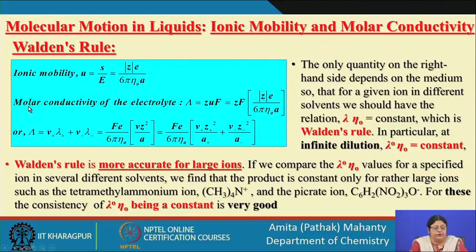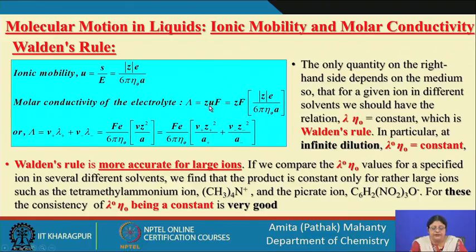The molar ionic conductivity of the electrolyte, capital lambda, was nothing but z u F, where z is the charge of the ion, u is the ionic mobility, and F is the Faraday constant.